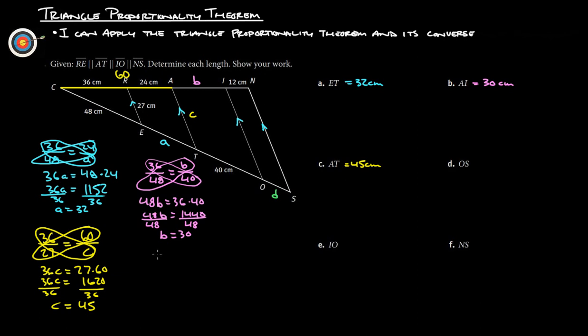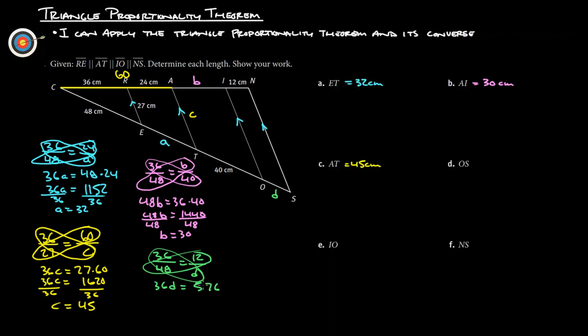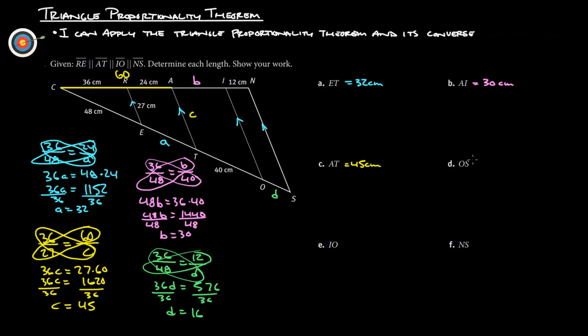So let's go with 36 is to 48 as, we did the top to the bottom, 12 is to D. Okay, cross products. 36D equals 12 times 48, 576. Divide both sides by 36. And we get 16. So OS is 16 centimeters.